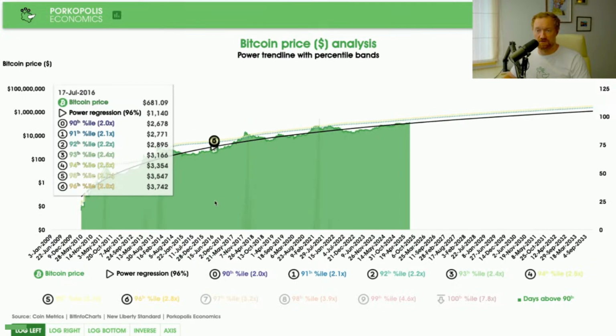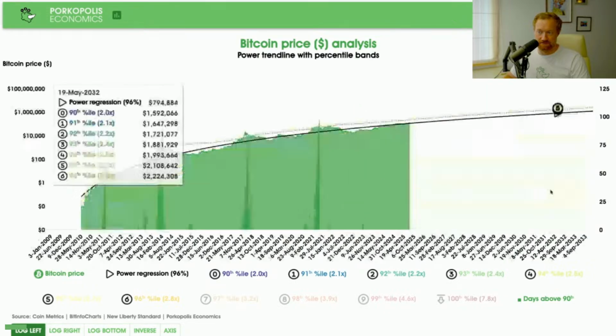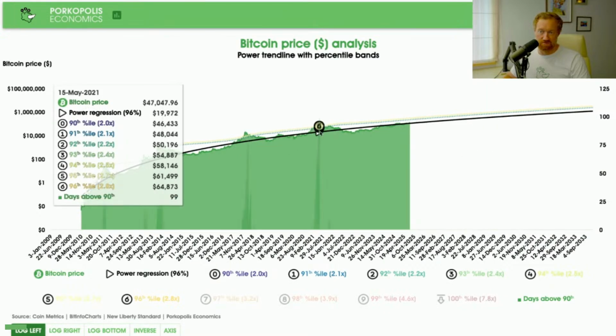And so far, this one is shaking out, I'd say, more similar to the 2013 to 2017 cycle than the 2017 to 2021 cycle. But of course, nothing will repeat exactly.